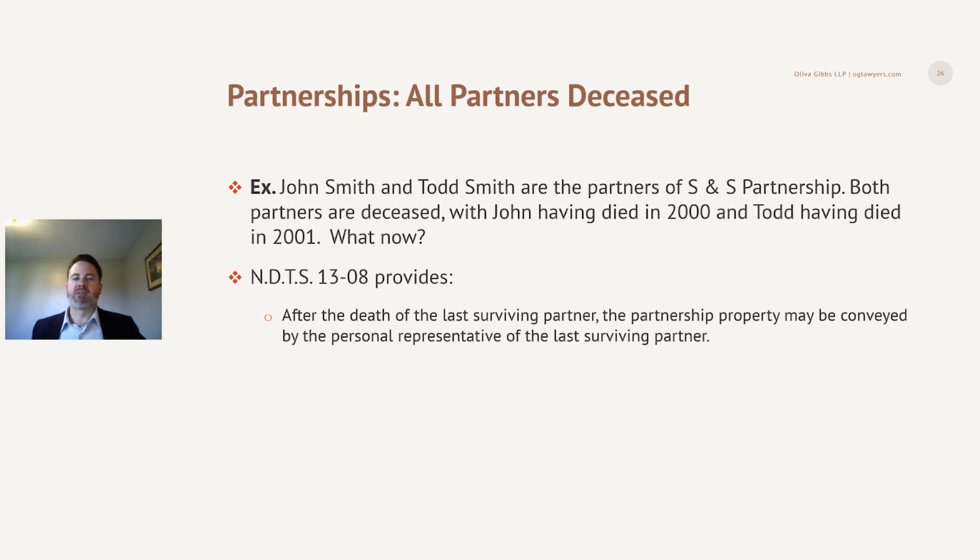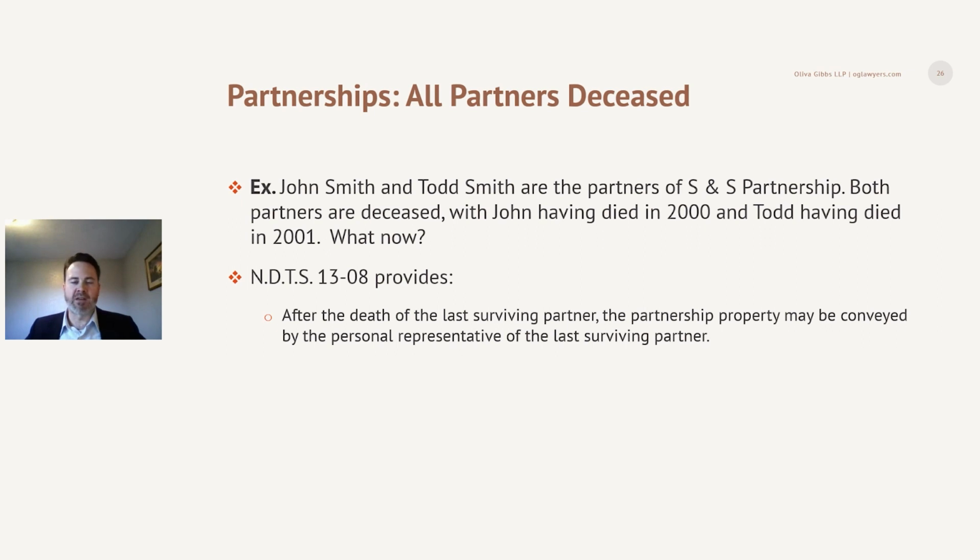If that happens, Section 45-20-03 notes that the legal representative of the last surviving partner may wind up a partnership's business. Therefore, in this example, where Todd survived John, the appropriate curative would be to distribute the partnership by commencing a probate administration for the estate of the last surviving partner, so in this case being Todd, and then obtain and record a deed from the partnership, which is executed by the personal representative of the estate of that last surviving partner.